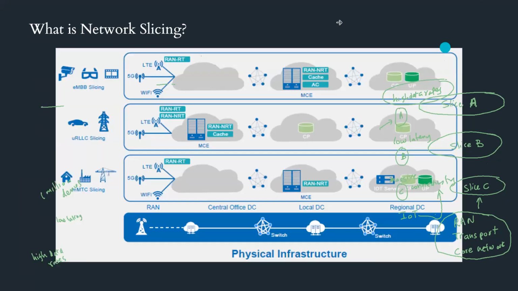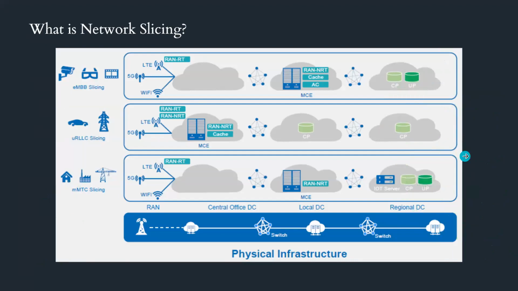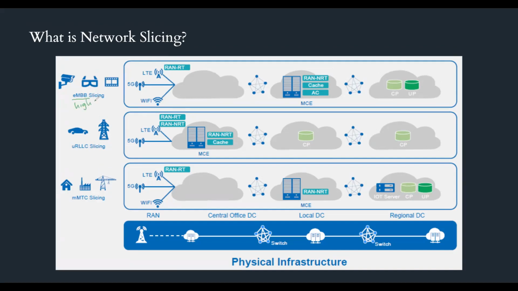So this is one diagram that shows how slices are differentiated for each of the applications. For enhanced mobile broadband communication, we have a separate slice. Enhanced mobile broadband means high data rate applications.